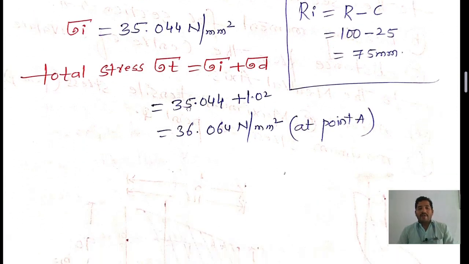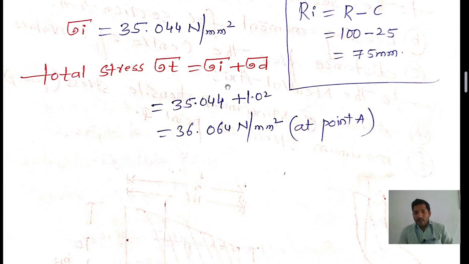So after that, our main intention is that we want to find out the total stress. We need to find out how much total stress is acting on the crane hook of a circular section. For that reason, I am using the formula: tensile stress is equal to sigma i plus sigma d.